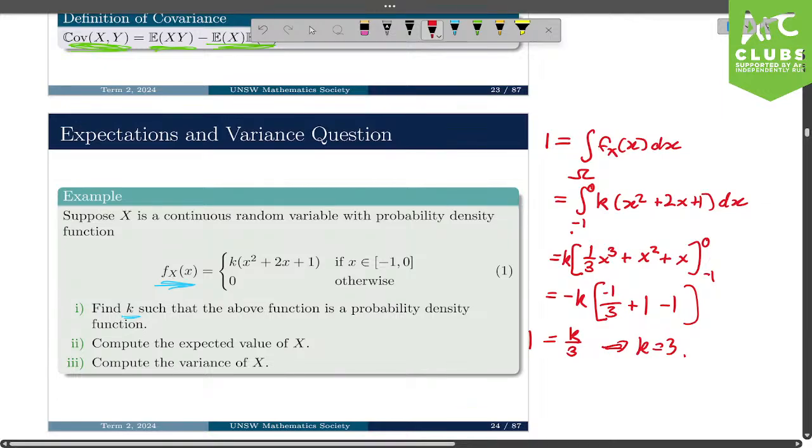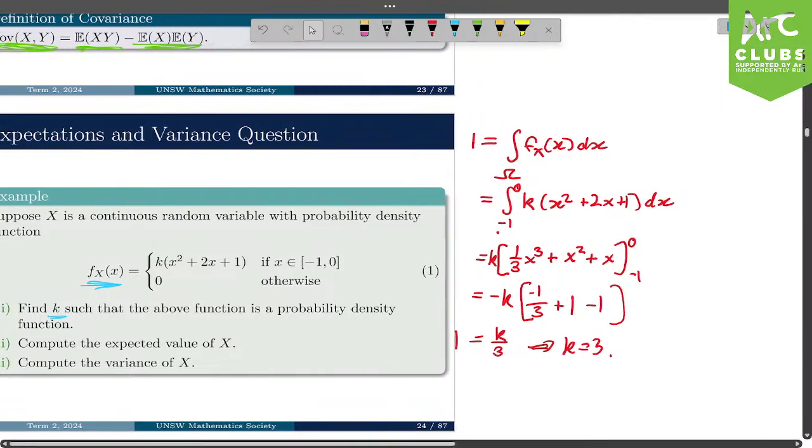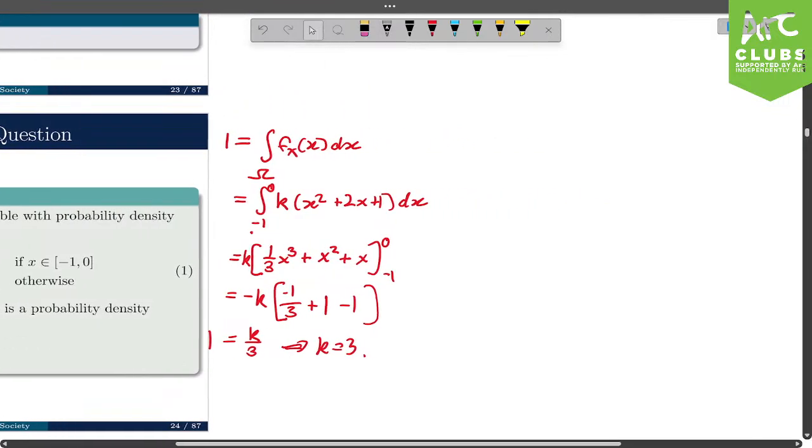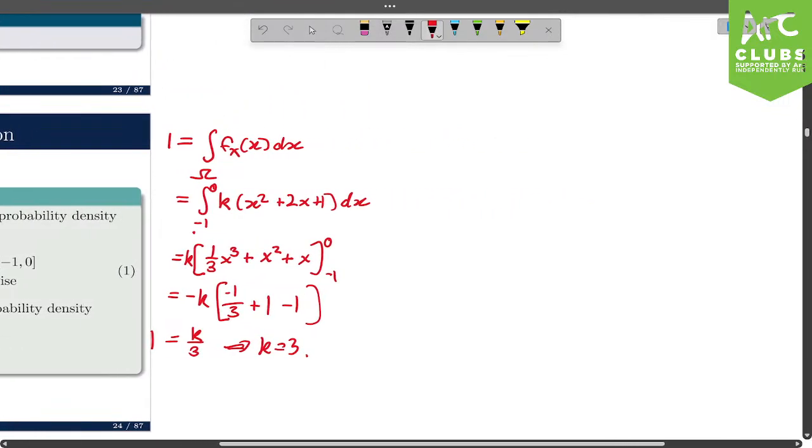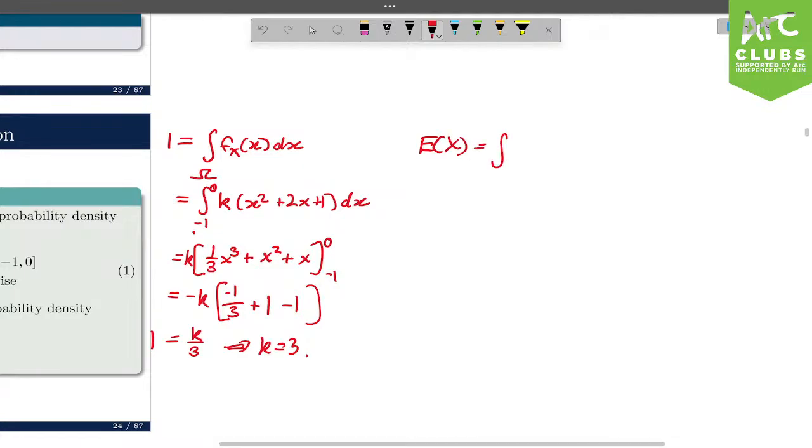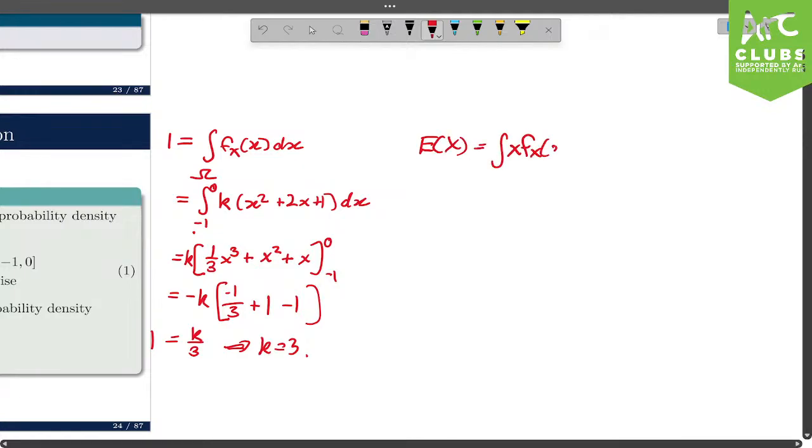Part II is to compute the expectation value of x. I am getting lag on this machine, but it's fine. So the expectation value of x equals the integral of x times f_X(x) dx.